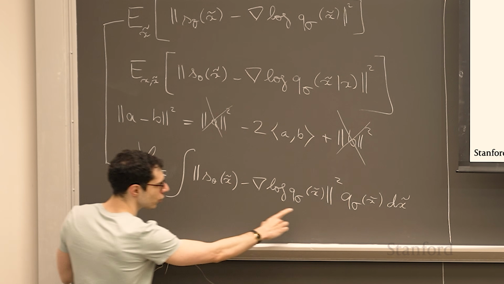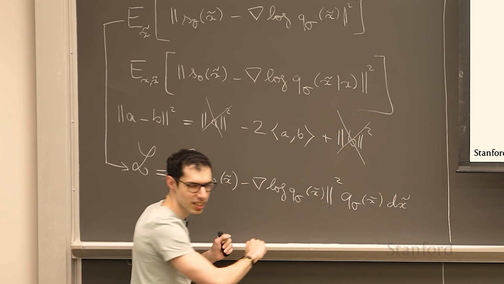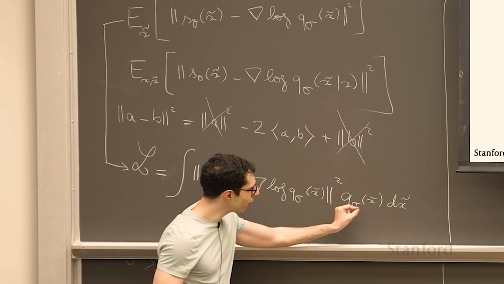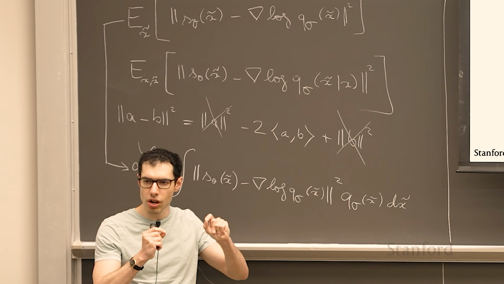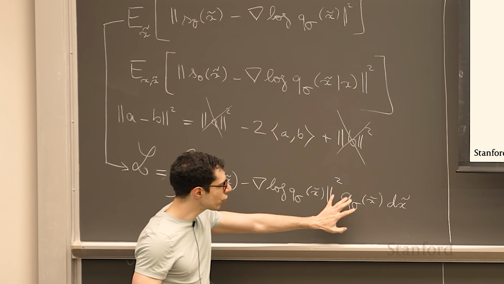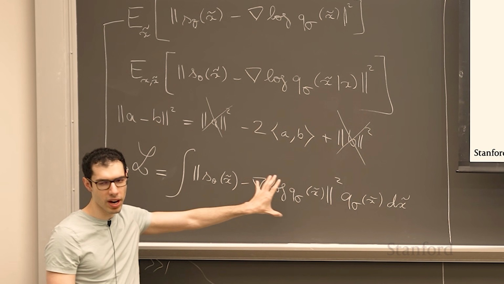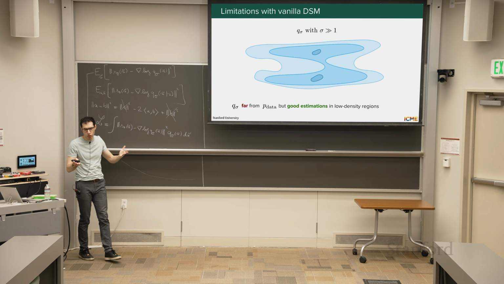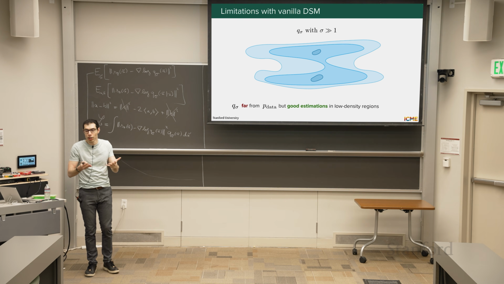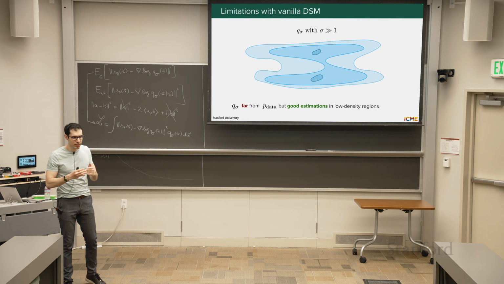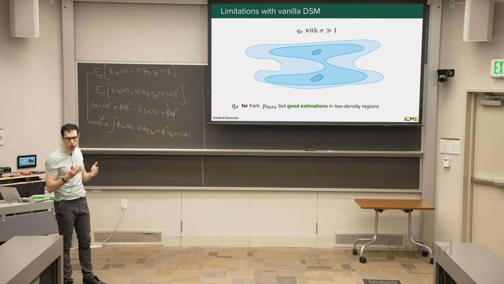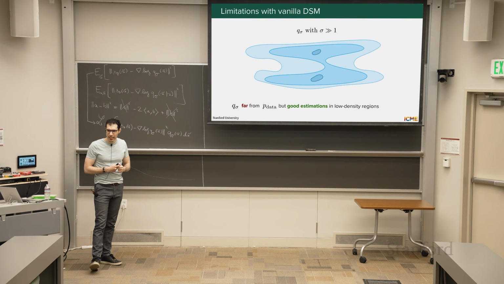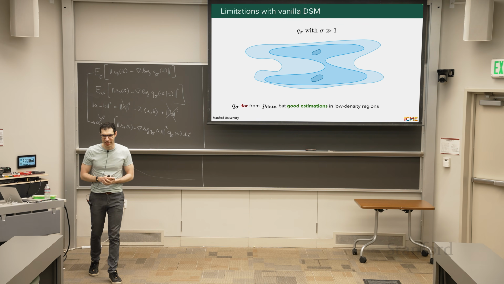So the expectation here is over Q sigma, meaning that if you have an X tilde which is in low density regions, then it's just not going to have a high weight in your loss, which is just not incentivizing your model to actually properly learn it. So, in a sense, it's a loss weighting problem. So the predicted score would be inaccurate, yes.